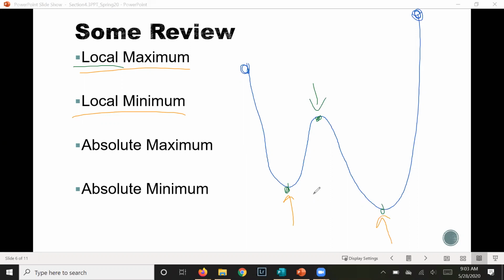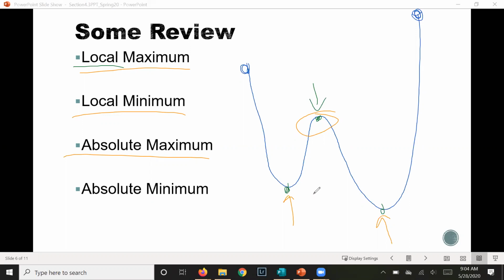Okay. Now what about an absolute max? Well, as that term absolute implies, it's going to be the highest point on the graph. Now notice this point right here, this local maximum that we identified, is not actually the absolute max on this graph, right?